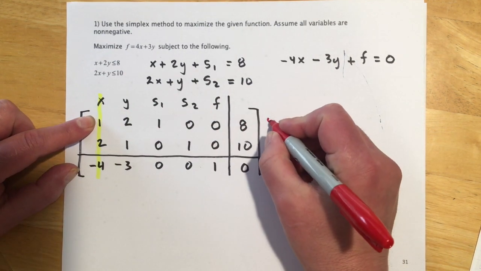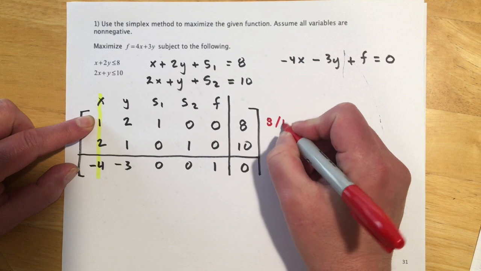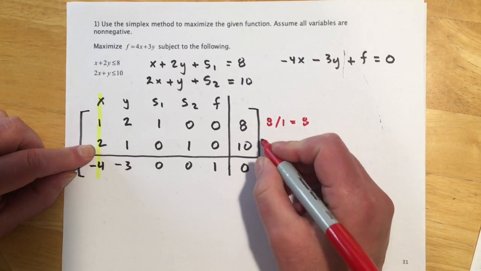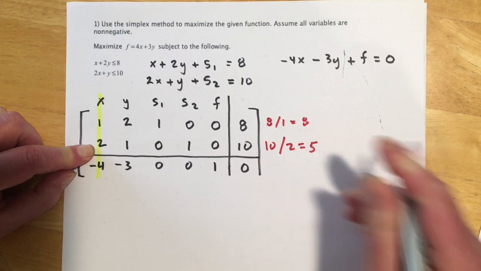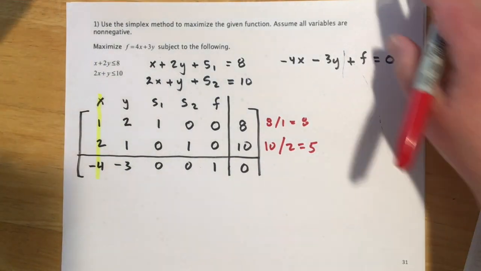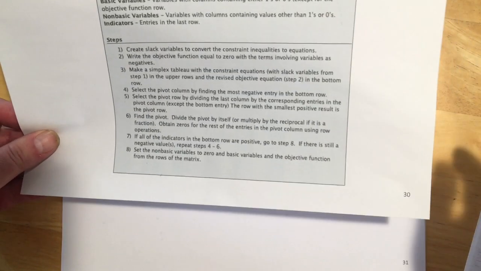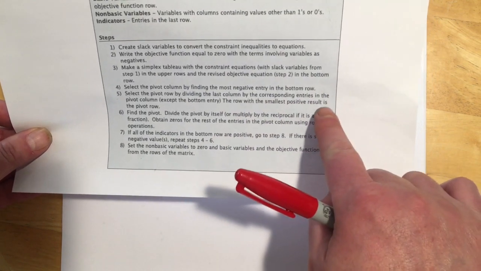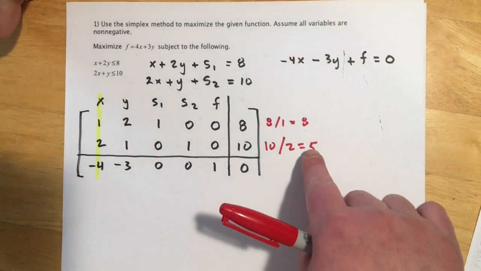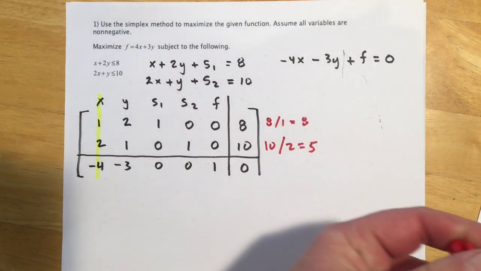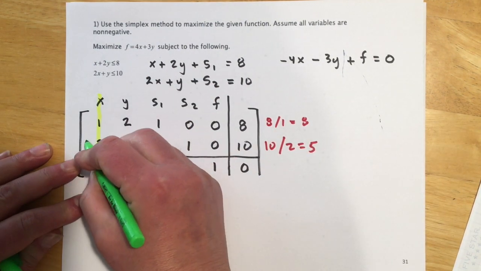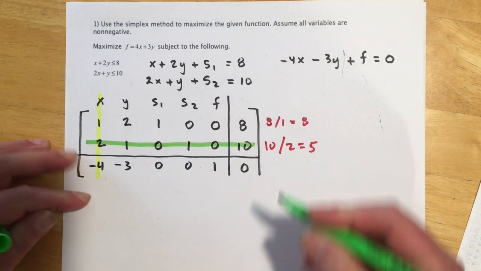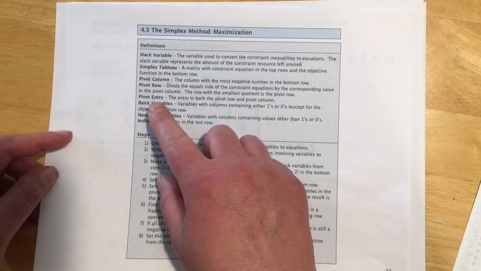So this would be 8 divided by 1 would be 8, and then 10 divided by 2 would equal 5. And so then we're taking the row with the smallest positive result is the pivot row, and so that's going to be the 5, and so that makes this the pivot row.